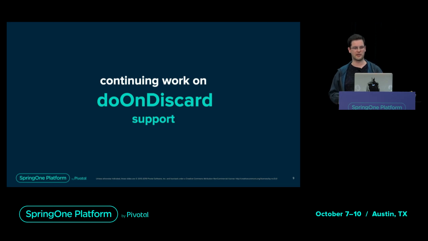So doOnDiscard was this kind of advanced operator, advanced mode, where you could ensure that costly resources that you produce in a flux are correctly cleaned up, even in the case of a cancellation or an error happening in the flux.